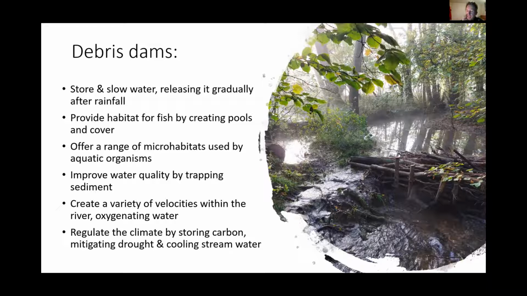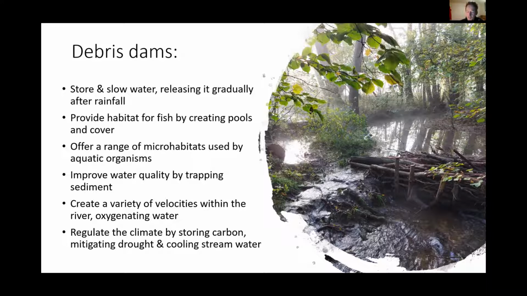They do need this cover, and small fish fry use tree cover and branches and woody debris in streams to survive and thrive. So it's really important habitat for fish, and also lots of microhabitats are created by other aquatic organisms that the fish feed on. So they're actually very beneficial.